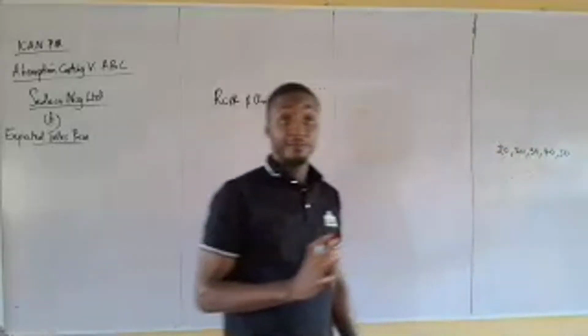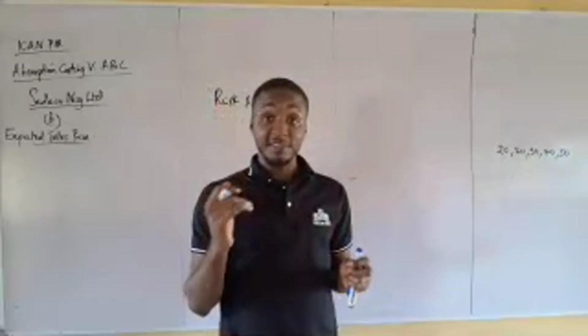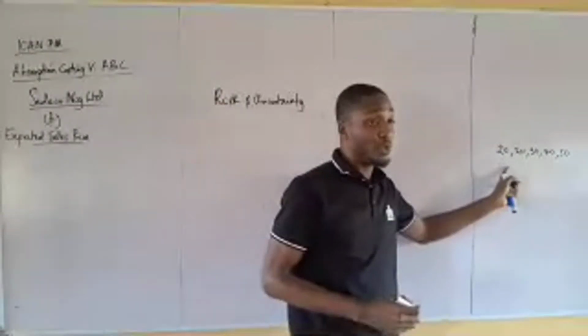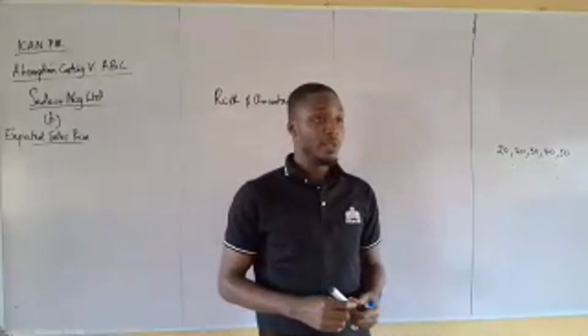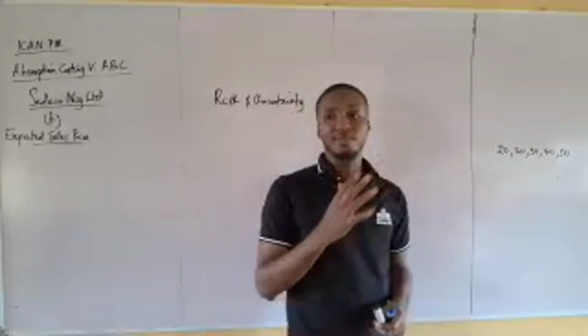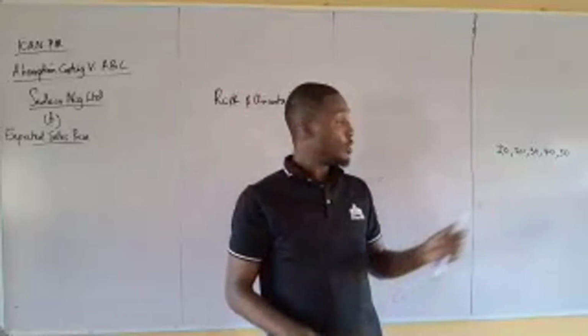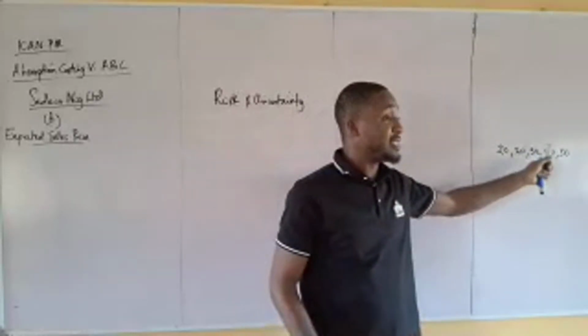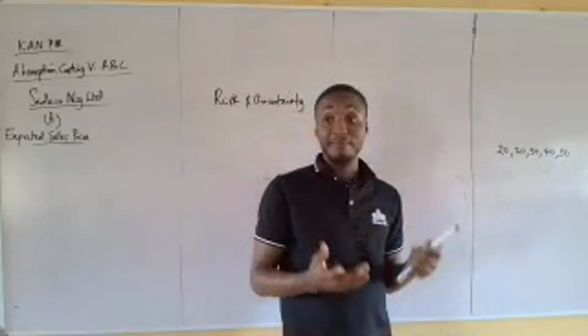There are 5 different selling prices here, or data in 5 different periods. The first period 20, second period 20, third period 30, 40, and 50. Now, if we are trying to get a simple average to get one selling price, we will do 20 plus 20 plus 30 plus 40 plus 50, and then divide by 5.